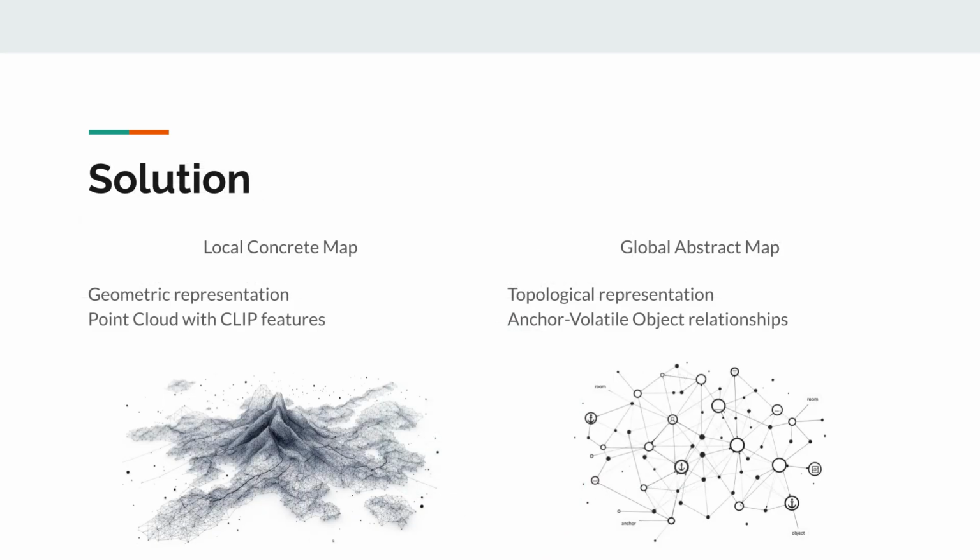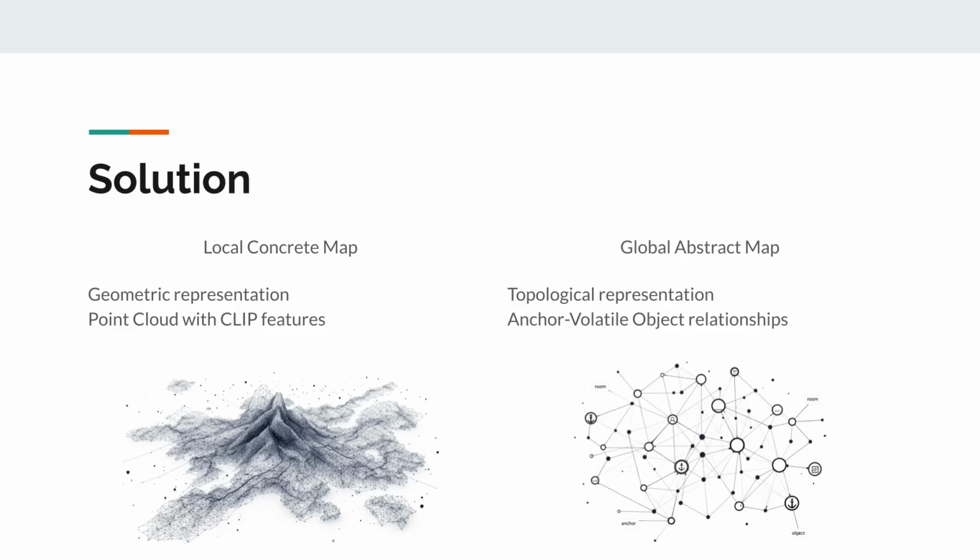Instead of maintaining a massive, expensive map of everything, the system splits the world into two representations. One is the local concrete map, which is basically a detailed 3D semantic point cloud that is only built and maintained locally around the robot.